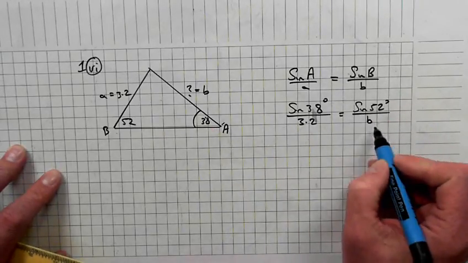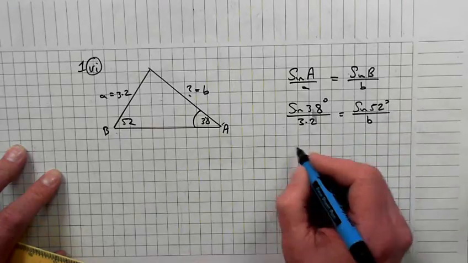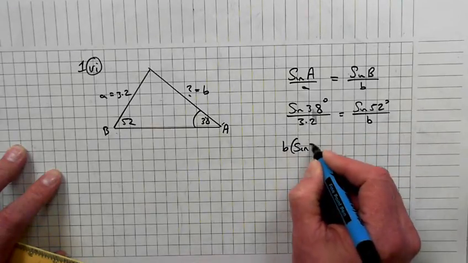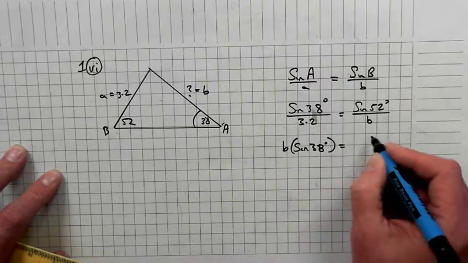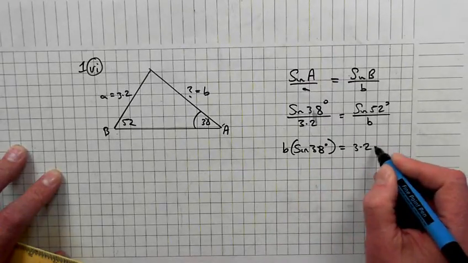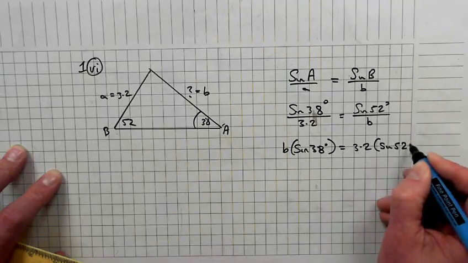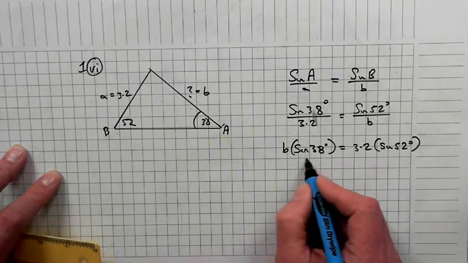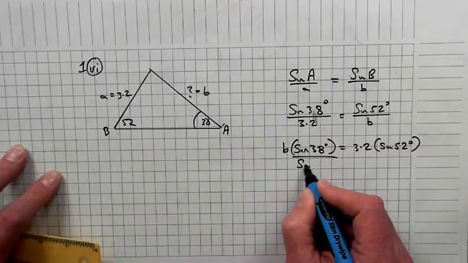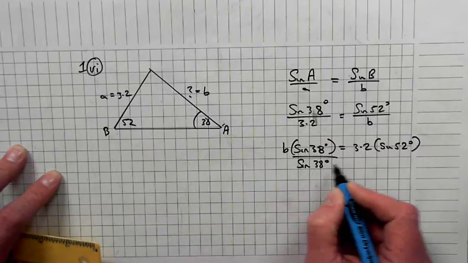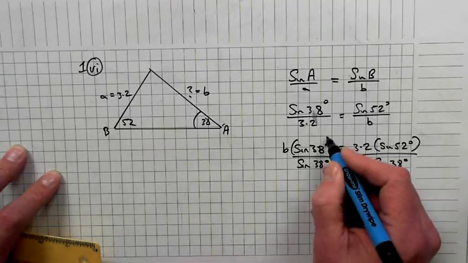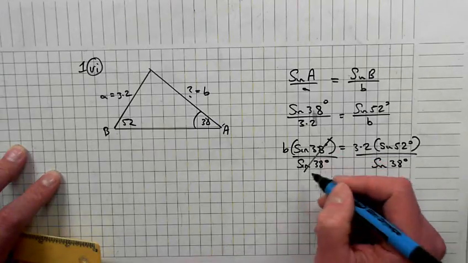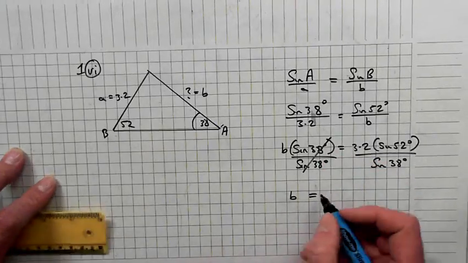Now cross multiply. We'll do the b times sine of 38 first, is equal to 3.2 times sine of 52 degrees. So divide both sides by the sine of 38 degrees. Sine of 38 divided by sine of 38 becomes 1, so that's what b is equal to.